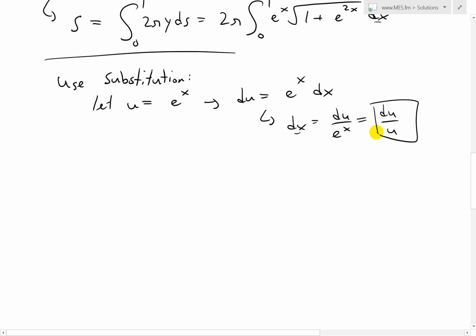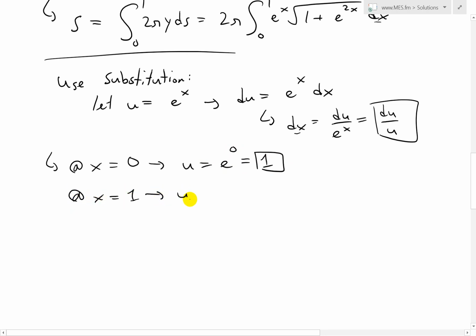So that's what dx is equal to. We have everything, we just need to change the interval. At x equals 0, u equals e to the 0, which equals 1. And when x is equal to 1, u is equal to e to the 1, which just equals e.